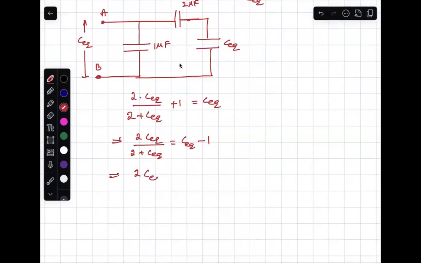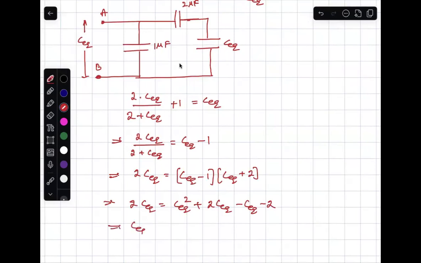2 times C equivalent is (C equivalent minus 1) into (C equivalent plus 2). So 2 times C equivalent is C equivalent square plus 2 times C equivalent minus C equivalent minus 2.